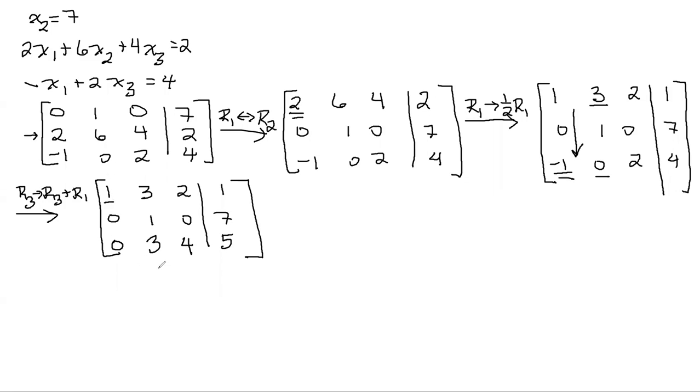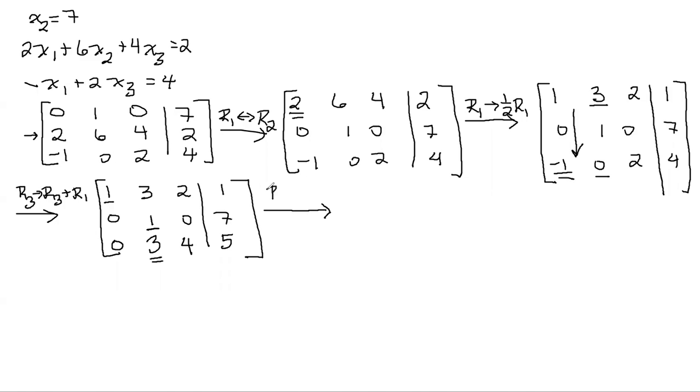So now we want to find an entry for the second column. It turns out we already have it, and it's already a 1, so we're done with those steps. Now we want to get a 0 underneath of it. So how would we do that? Well, if we subtract 3 copies of the second row from the third row, then we would 0 out that term.